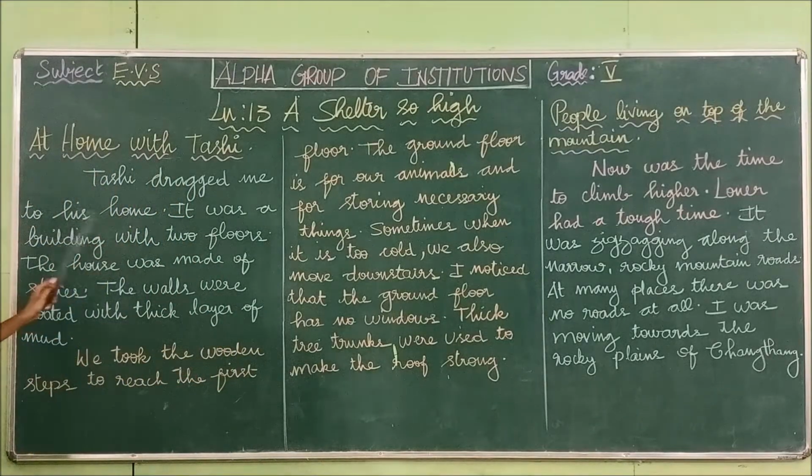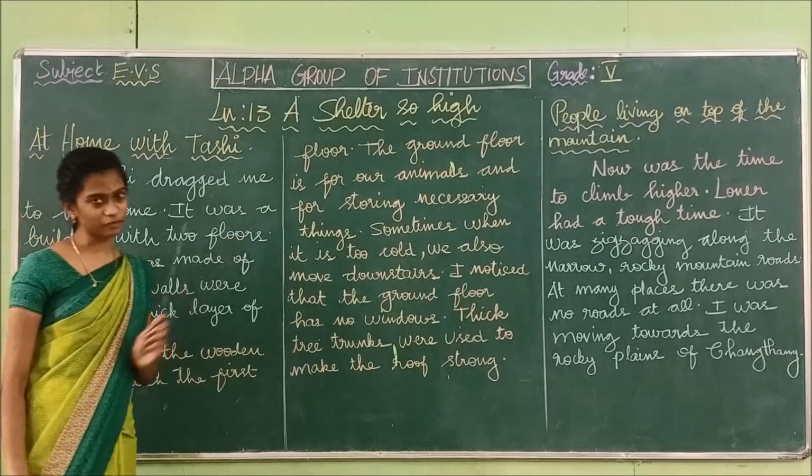Tashi dragged me to his home. It was a building with 2 floors. The house was made of stones. The walls were coated with thick layer of mud. They took the wooden steps to reach the first floor.